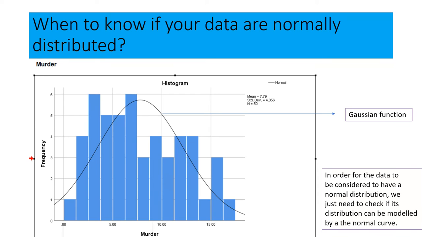As I mentioned below, you have a Gaussian function that can be represented here. We will see that in a later video. That function is perfectly symmetric, and if it fits well with your histogram, it means that your distribution can be modeled by the normal curve. It means that you can consider your data to be normally distributed and use a parametric test instead of a non-parametric test.